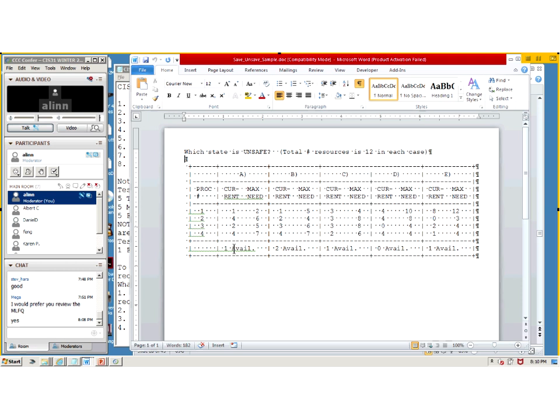Okay? Now, what you would do is say, okay, can a process get all of its needed resources and complete? And you want to do that for each process. So basically, if process 1 needed another one, it could have one.